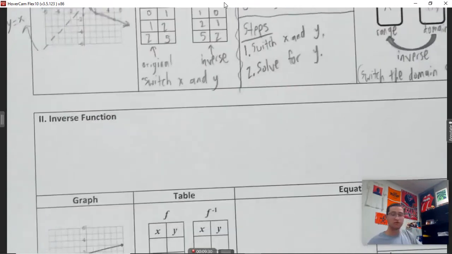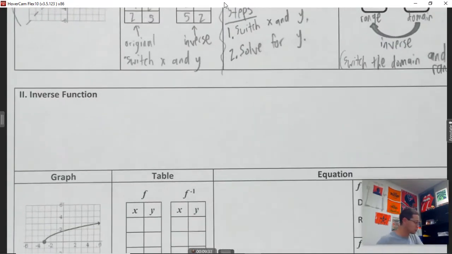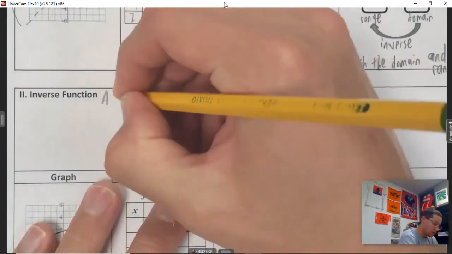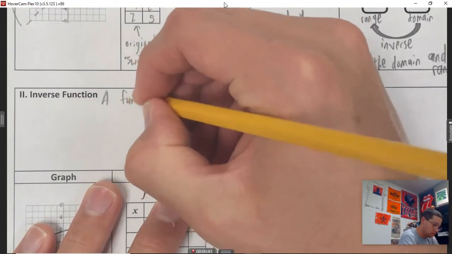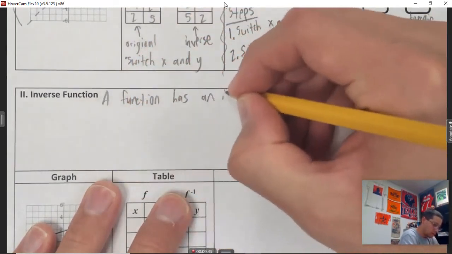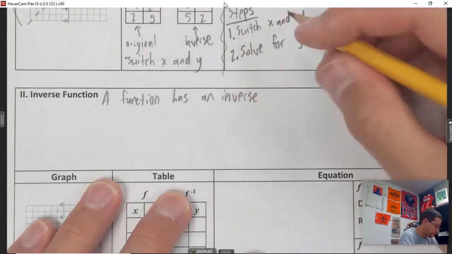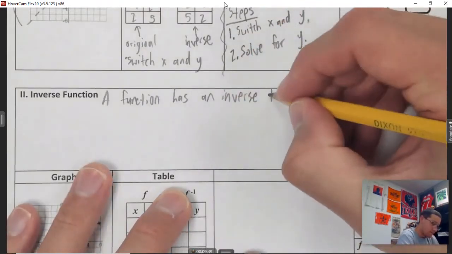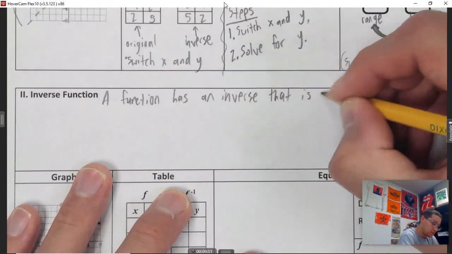Okay, an inverse function. In order to know if we have an inverse function, we can say a function has an inverse that is a function.